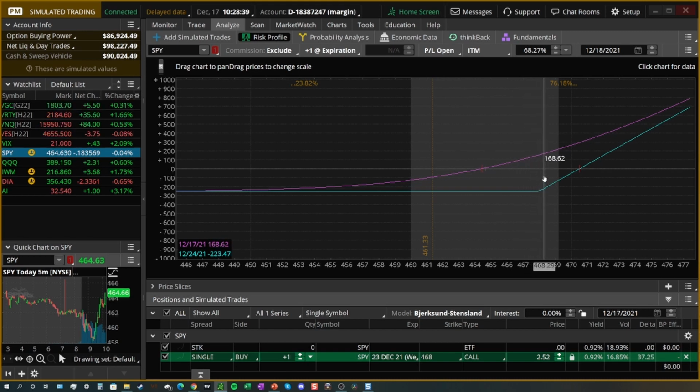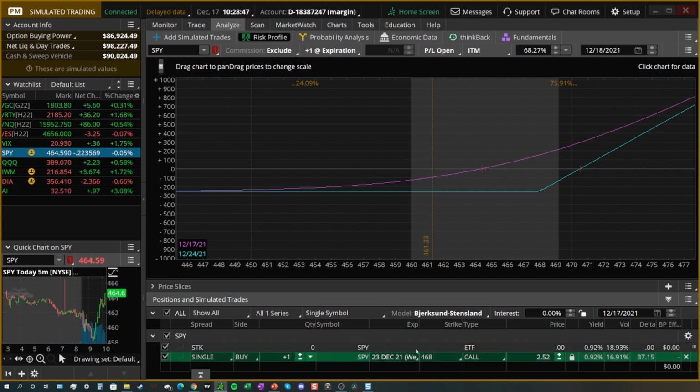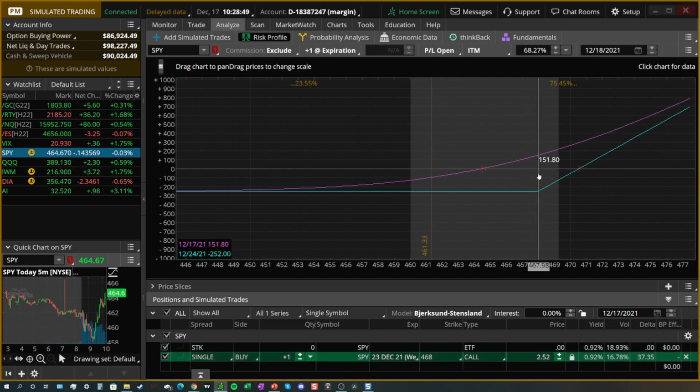What we are looking at on the left side are the dates. Now we picked the December 23rd expiration, the 468 call, and it's currently trading around 2.52. The market is open, so the graph might move around a little bit.